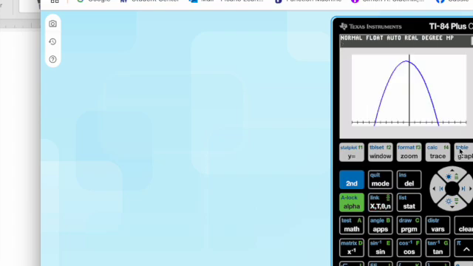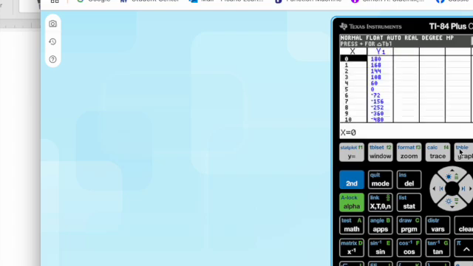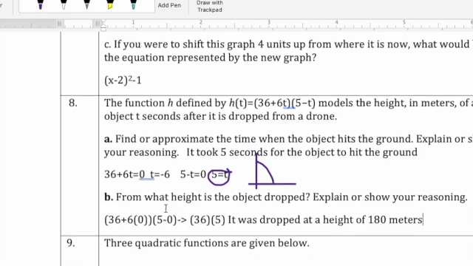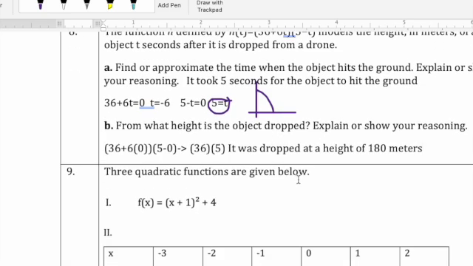Okay, go to your graph. You want to be where x equals 0. You can trace it if you're not sure how to get there, and you see that when x equals 0, y is 180. You can go to the table and find when x equals 0, y is 180. But I don't see a y-intercept calculated there. Okay, so it was dropped from a height of 180 meters.